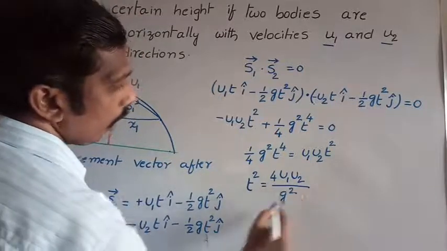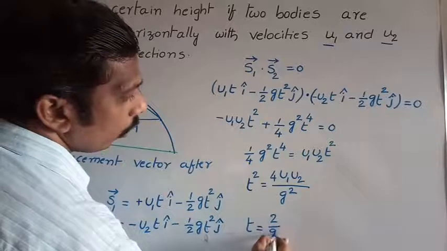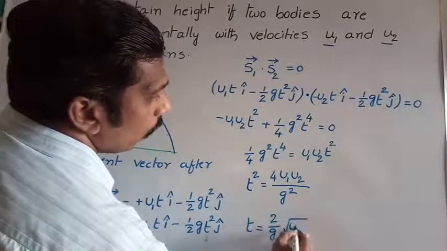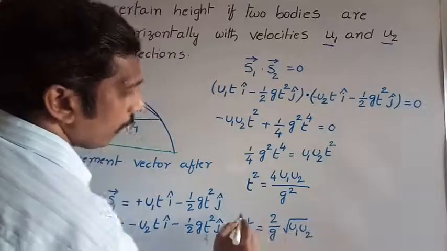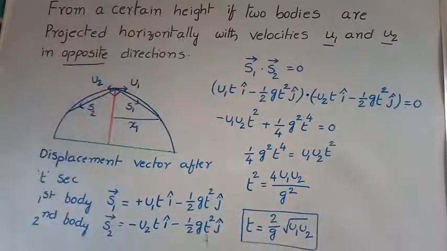Finally, time t is equal to 2 by g into root over u1 u2. After this time both displacement vectors are perpendicular to each other.